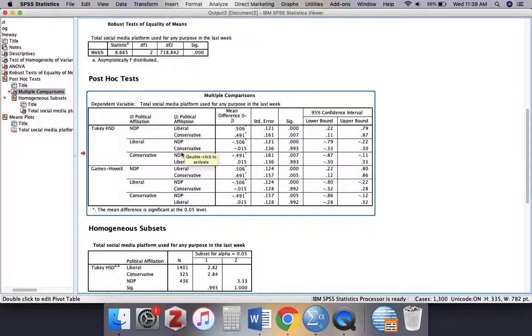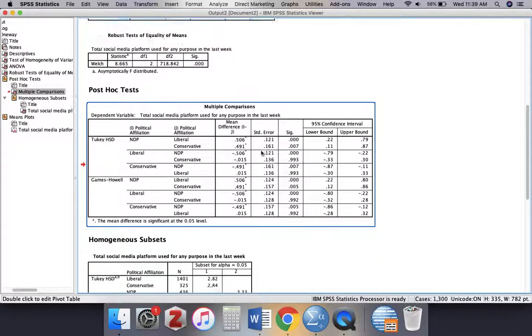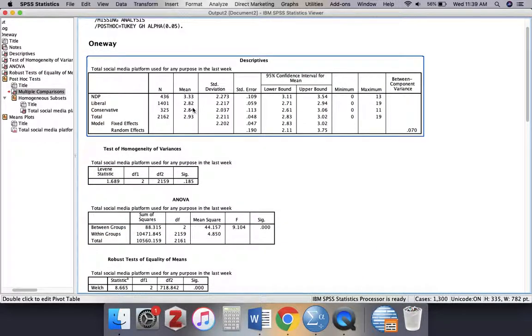One of the comparisons that we haven't made yet is liberal versus conservatives. We know what NDP versus conservatives is, but we never compared liberal versus conservative. So if we compare these two means, there is a negative difference, okay? But this is not statistically significant. Now, if we go up to the descriptive box and look at the liberal mean and the conservative mean, we'll see that they're actually very similar to each other, okay?